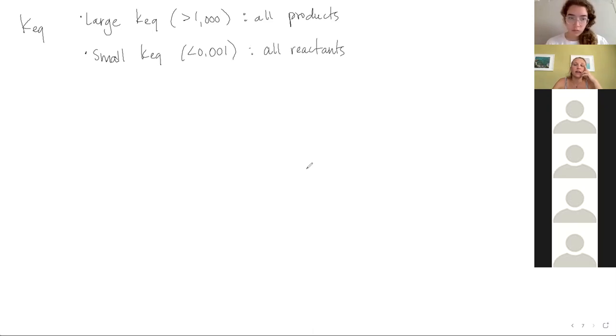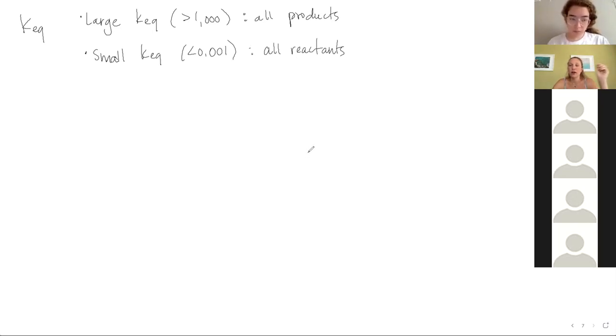Can you have a negative KEQ? No, you can't have a negative KEQ because it's a ratio and you're not really going to ever have a negative ratio.